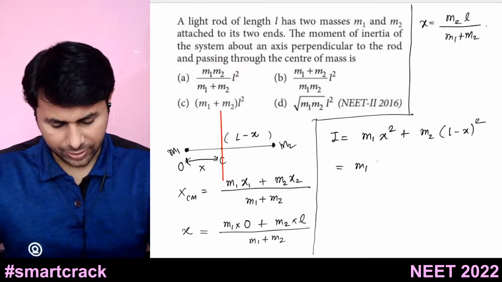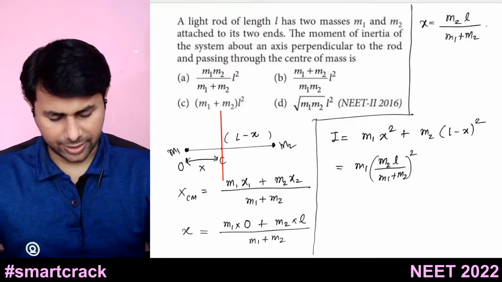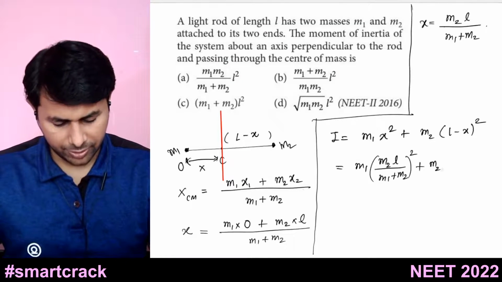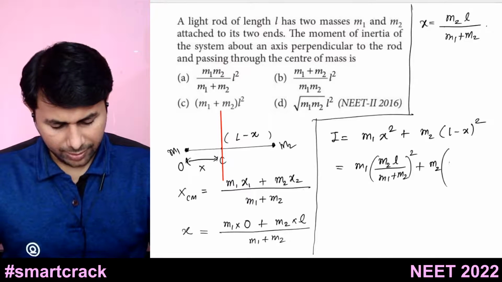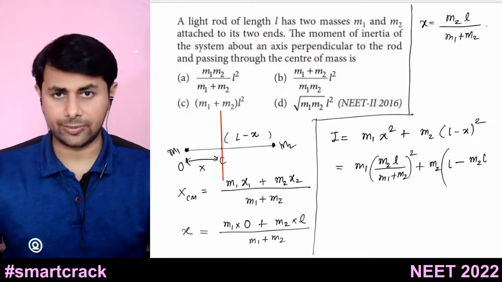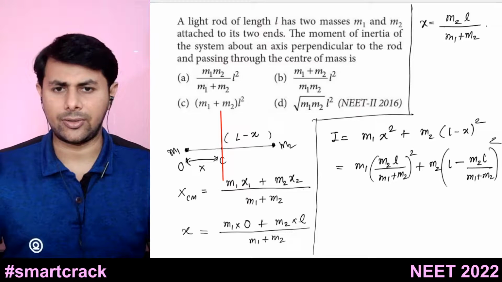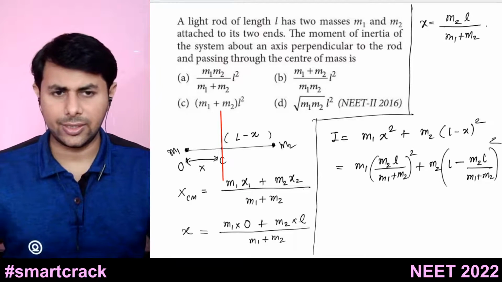M1 times, what is x? It is m2 into L upon m1 plus m2, and we have the square of that, plus we have m2 into L minus x. So L minus m2 into L upon m1 plus m2, and we have the square of that. I hope it is not going out of screen.